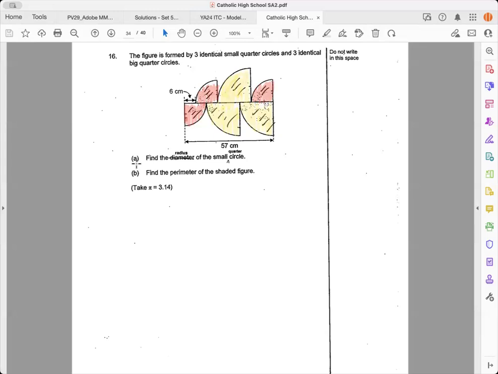Okay, so now if you look at the diagram, this is also 57, correct?